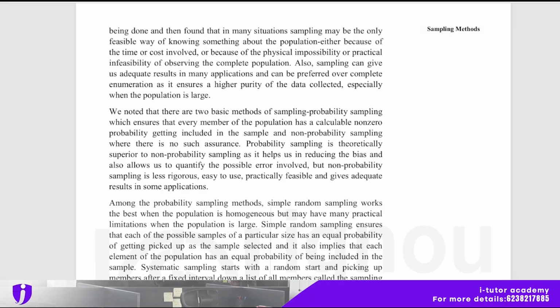Also, sampling can give adequate results in many applications and can be preferred over complete enumeration, as it ensures a higher purity of the data collected, especially when the population is large.